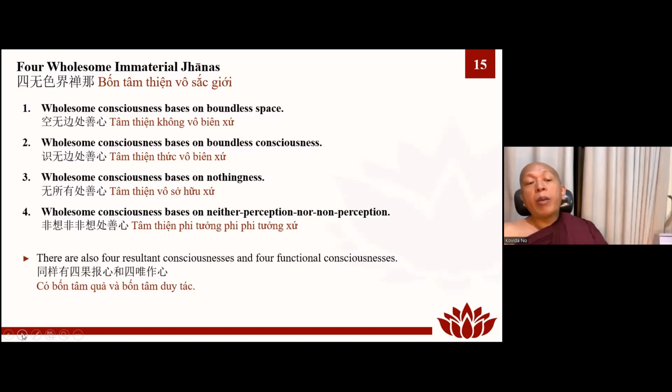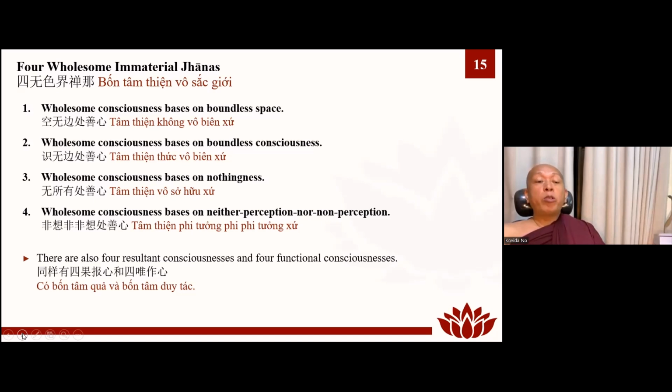Then when they are reborn in the immaterial Brahma worlds, they will be resultant consciousnesses. When arhats attain these immaterial jhanas, they will be functional jhanas, functional consciousnesses.